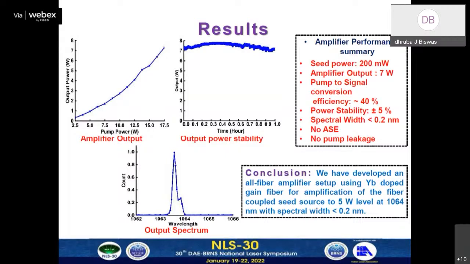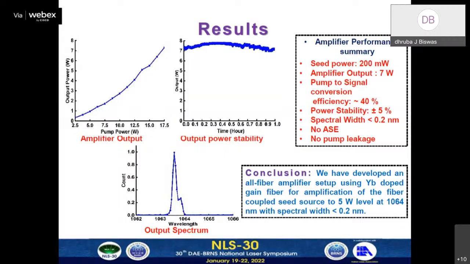Now, to check the stability of amplified output, we ran the amplifier many times, and figure 2 shows a typical result. It can be seen from figure 2 that the output power is stable and fluctuations are within 5%, which are acceptable. And to measure the spectral width, we characterized the output from amplifier using a spectrum analyzer, and we measured the line width, which came out to be less than 0.2 nanometer.